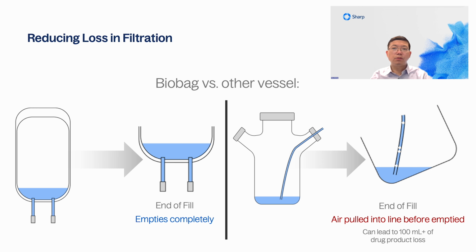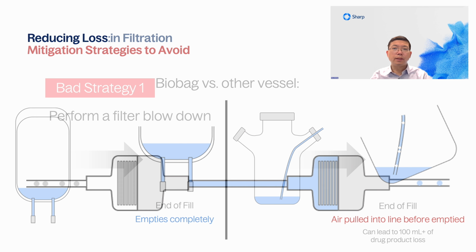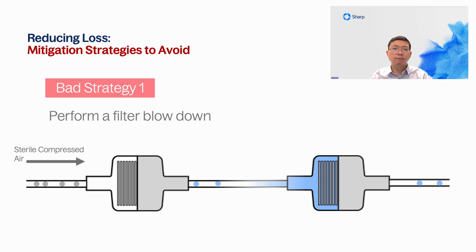Now, there are two other product loss mitigation strategies that I will mention that have higher risk and should be implemented with extreme caution. The first is performing a filter blowdown. Solution trapped between filter membranes and in the filters is often the greatest source of product loss.